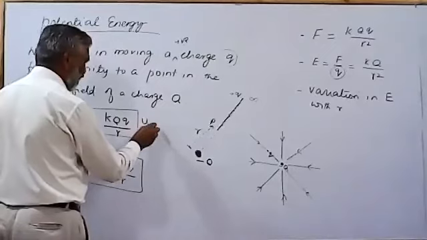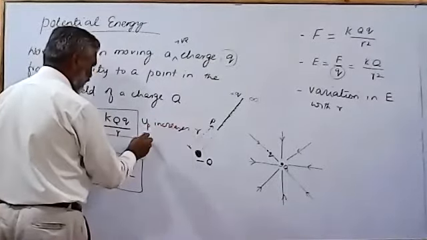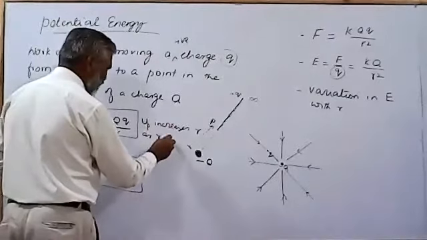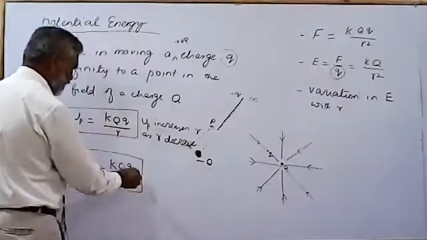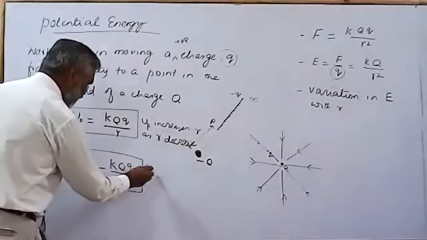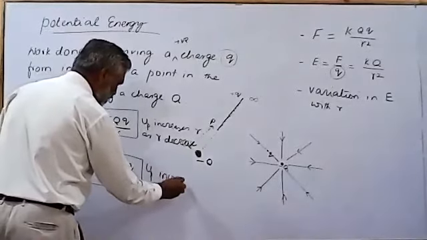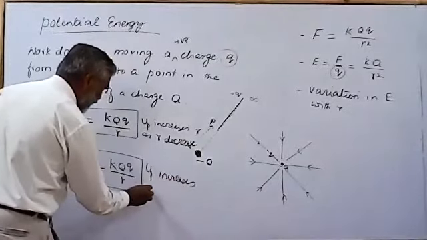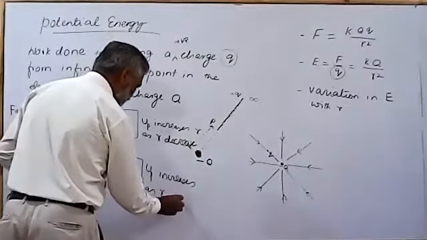U_P increases as R decreases. But this is opposite. Potential energy increases as R increases.